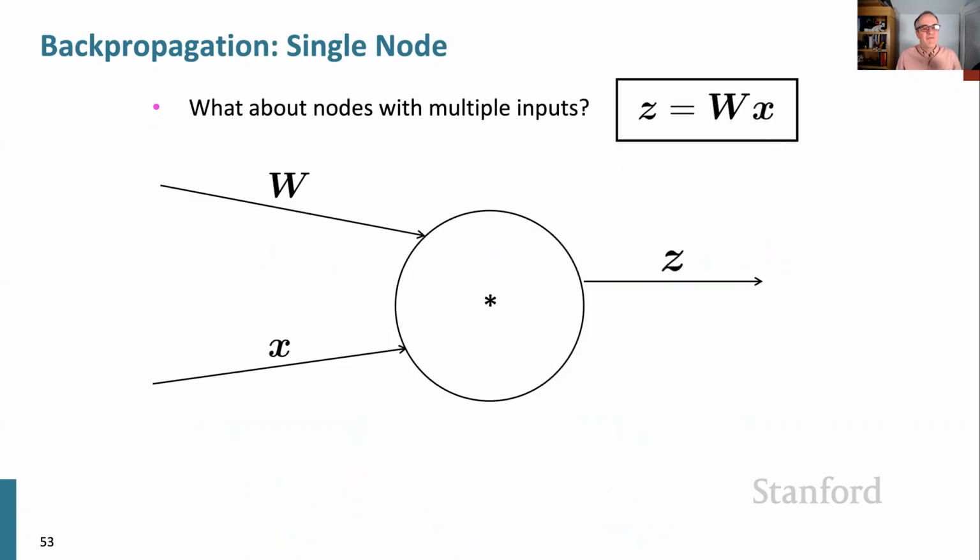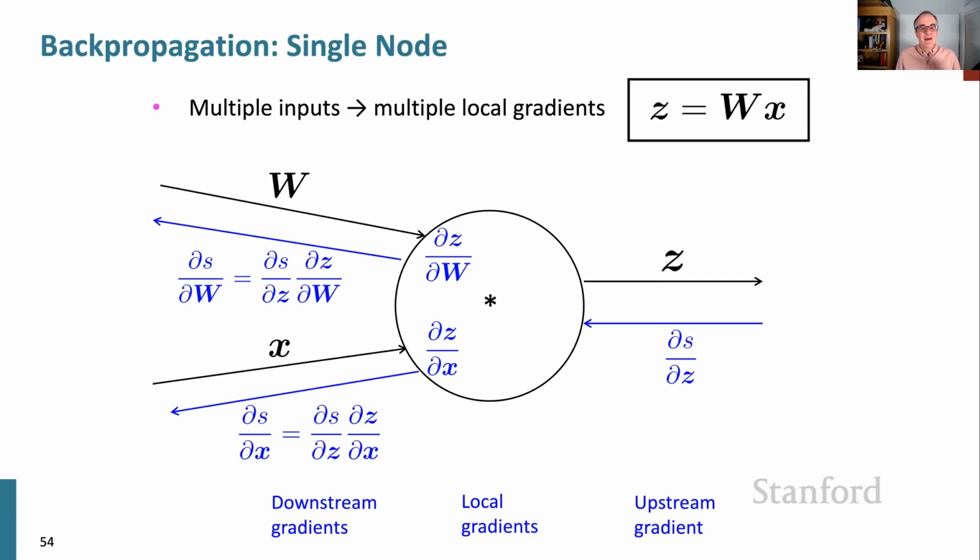Okay, sometimes it gets a little bit more complicated. So we might have multiple inputs to a function. So this is the matrix vector multiply, so z equals Wx. When there are multiple inputs, we still have an upstream gradient, ds/dz. But what we're going to do is work out a local gradient with respect to each input.